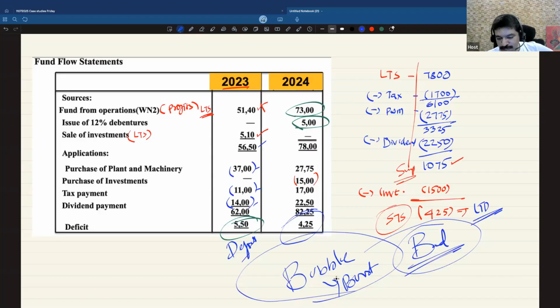And they will use the fund flow statement as a precautionary tool, especially if they want to avoid certain borrowers. Because the fund flow statement will give you the picture in a much deeper sense with significant clarity. Okay, so that's the very purpose of the fund flow statement.